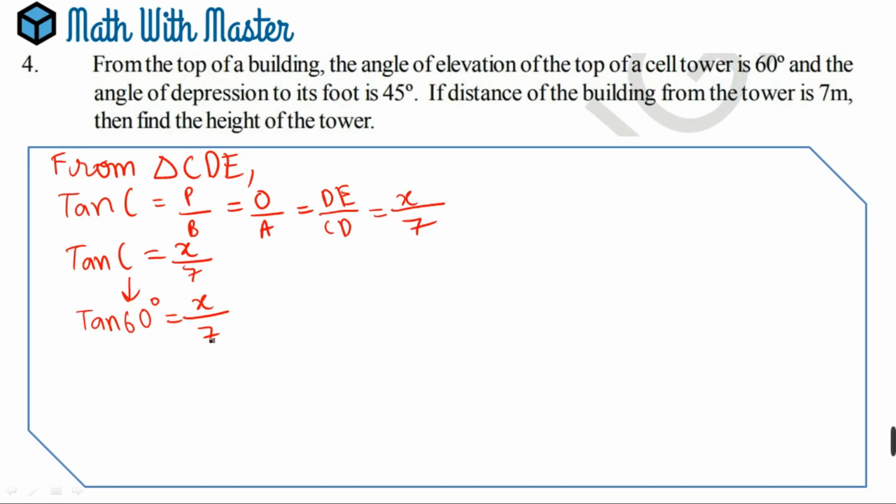So tan 60 degrees is equal to, not 1 upon root 3, root 3, which is equal to X upon 7. So X is equal to 7 root 3 meters.